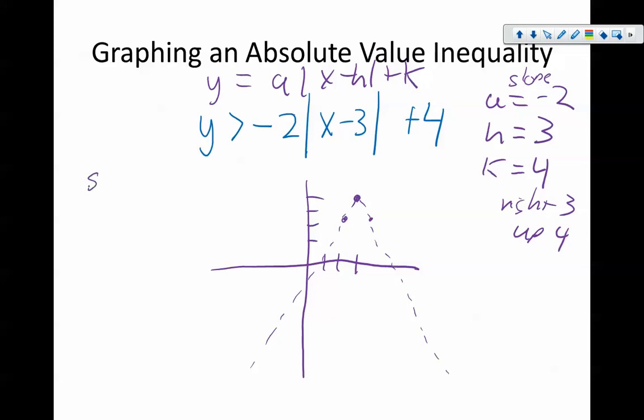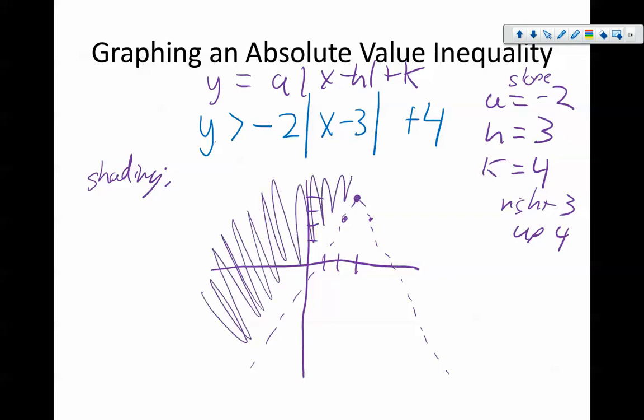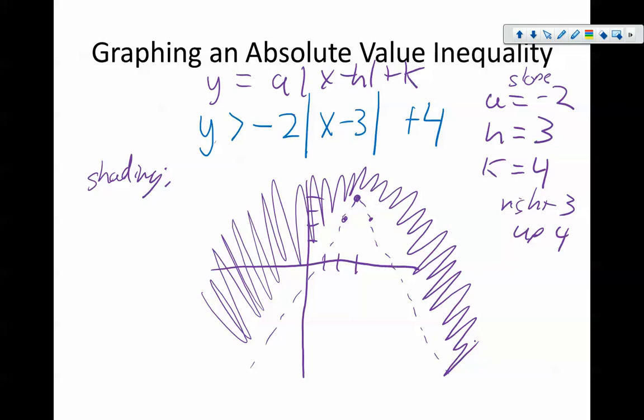Now, I have to think about shading. I'm shading the numbers that y is bigger, right? Y is bigger. So this is my line. Everything above this line is bigger, which means my shading is all of this region above the absolute value.